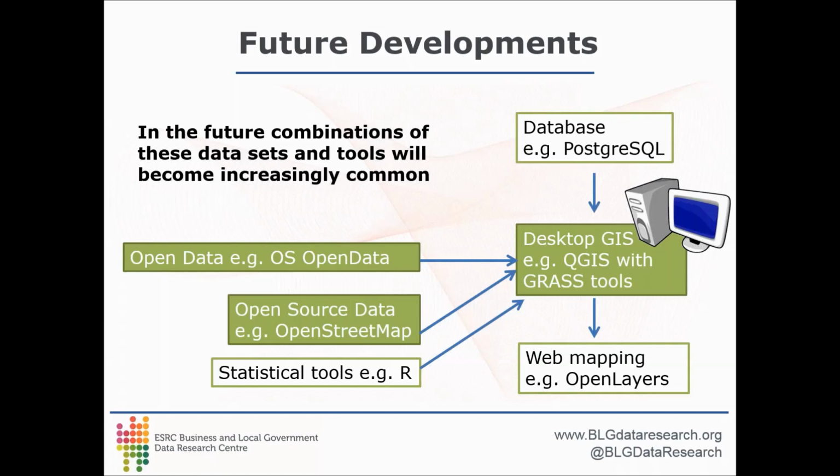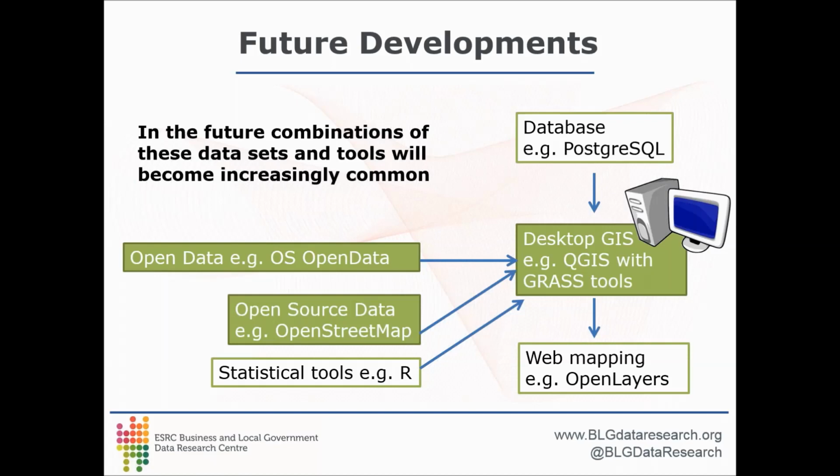But you can see all sorts of other ways in which this kind of software configuration could evolve in the future. For example, there are all sorts of ways in which you could integrate these tools with statistical analysis tools such as the R language.